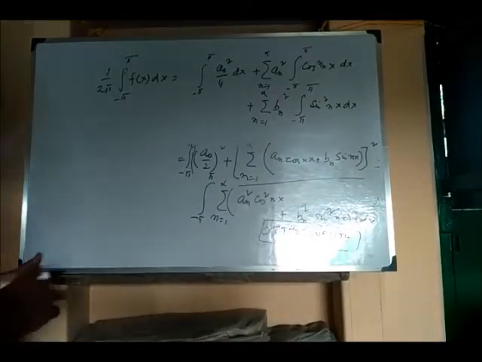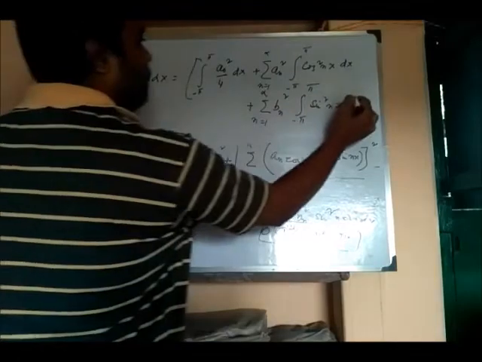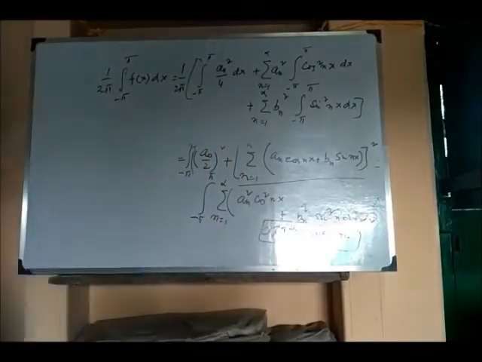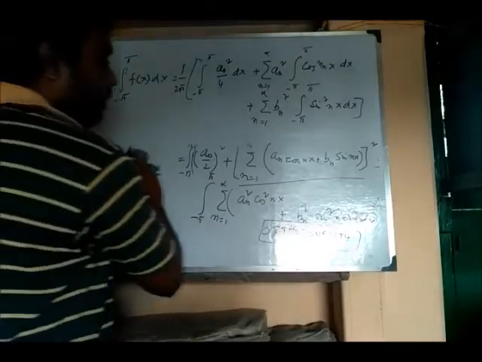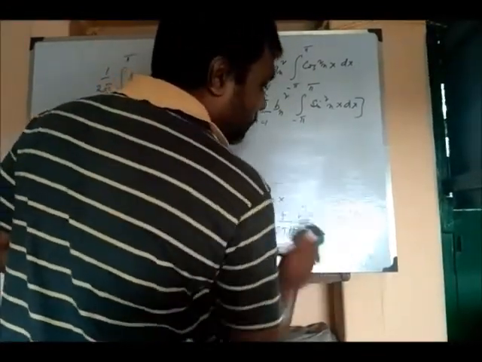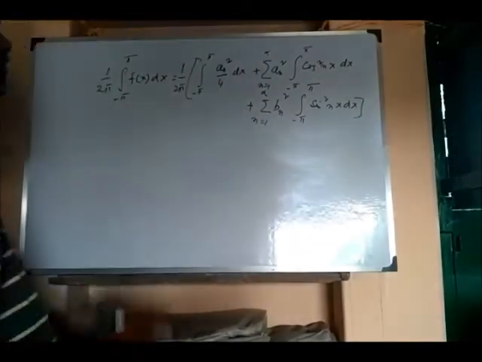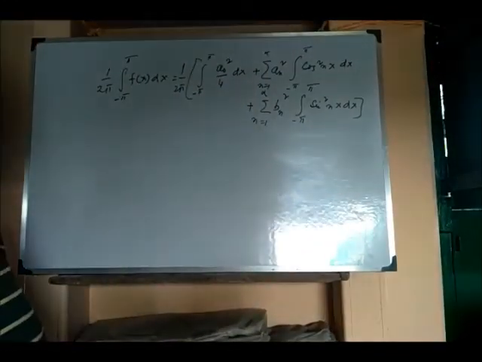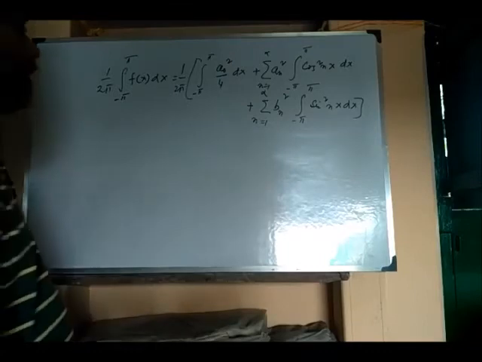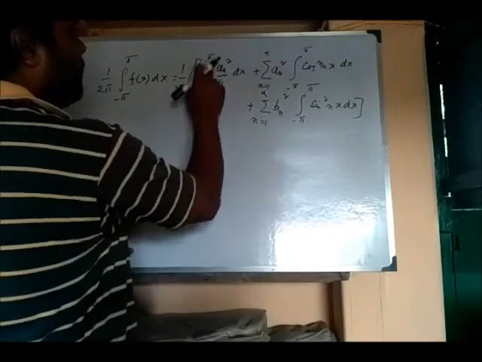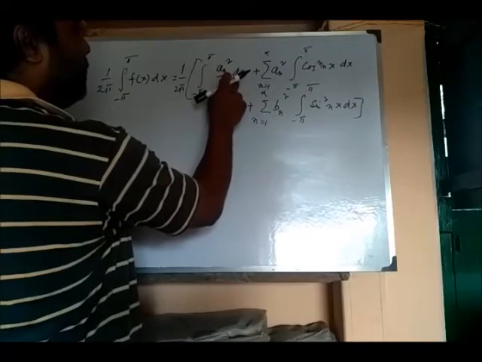Right? So, sorry, here one term I am missing, that is 1 by twice pi is here. So from this term, this dx gives me just pi minus minus pi, so twice pi.